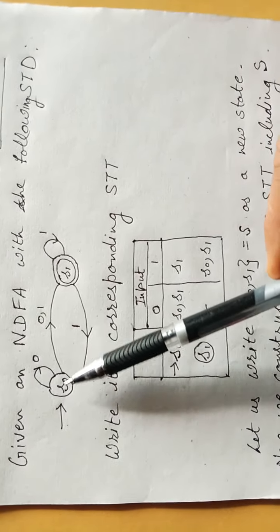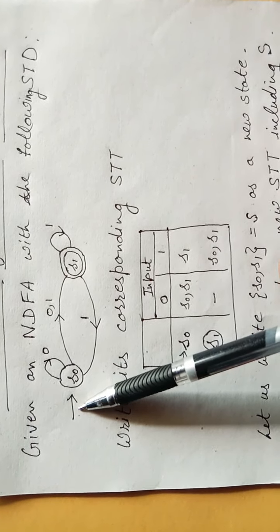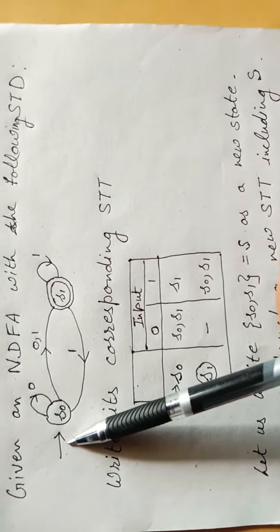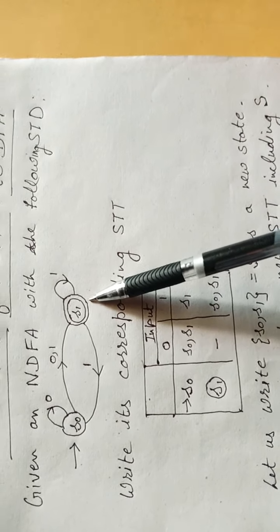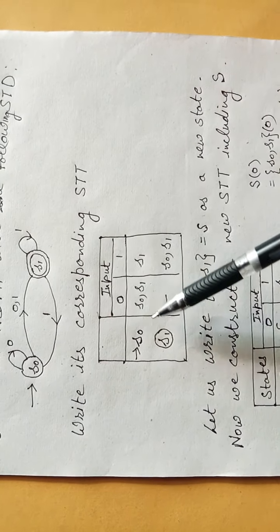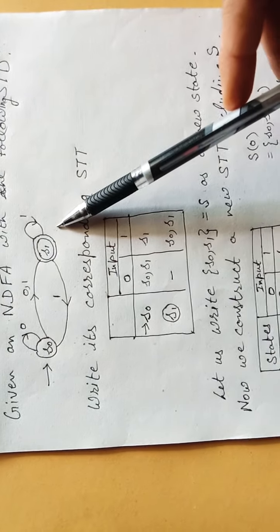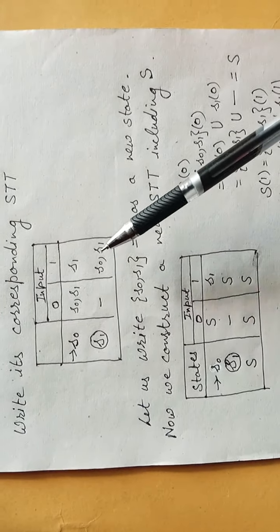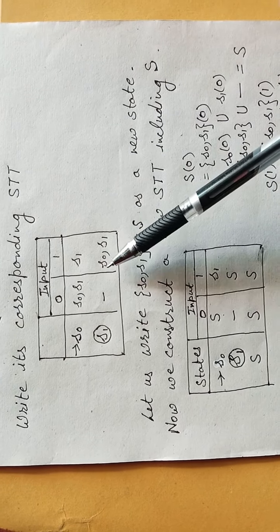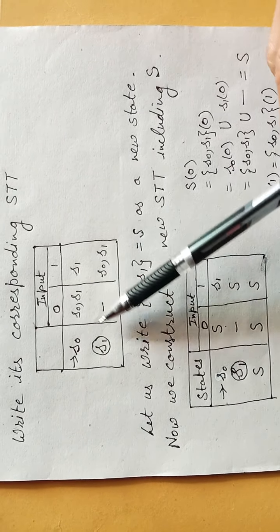With two states, this is the initial state, that's why I put an arrow here, and this is the final state. And this is the state transition table of the given NDFA.